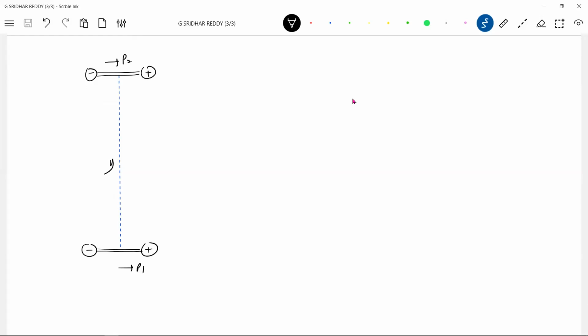What is the method? You'll assume that the second dipole is present in the field of the first dipole. So this line will now become the bisector. Am I right? This blue color line that I'm drawing will become the bisector.